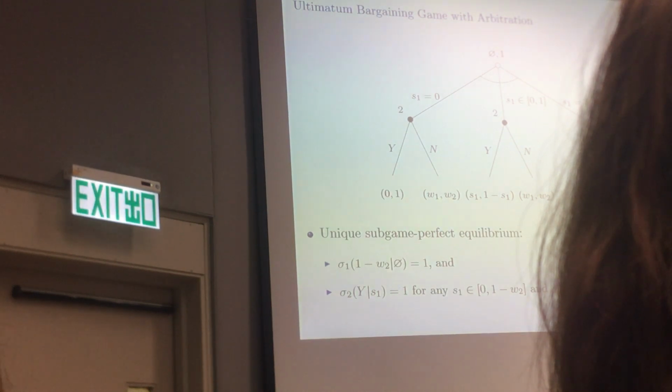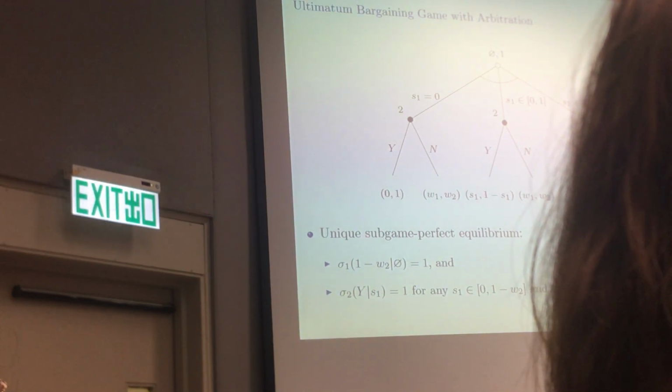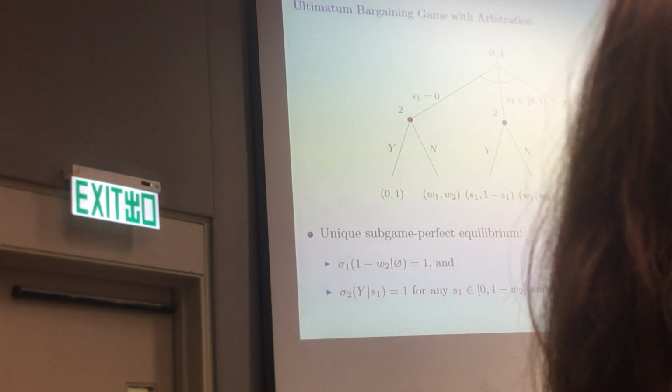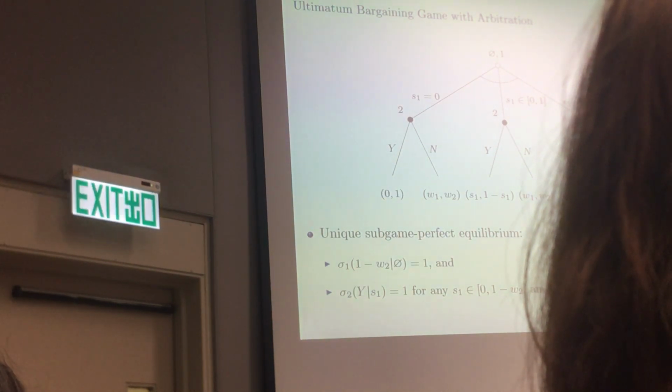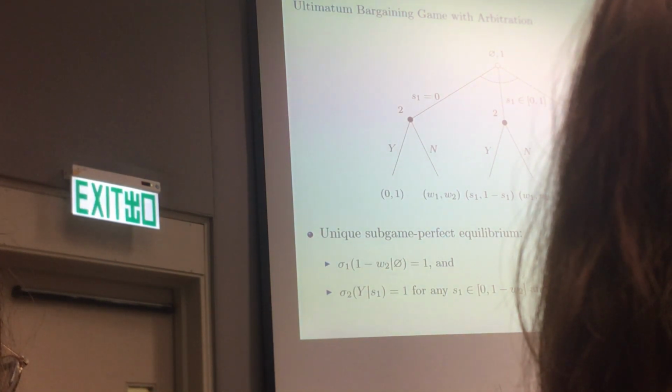Then what happens if S1 is strictly larger than 1 minus W2? I'm asking what happens in this case in terms of player 1's payoff. Player 2 will choose no, so player 1's payoff will be equal to W1.